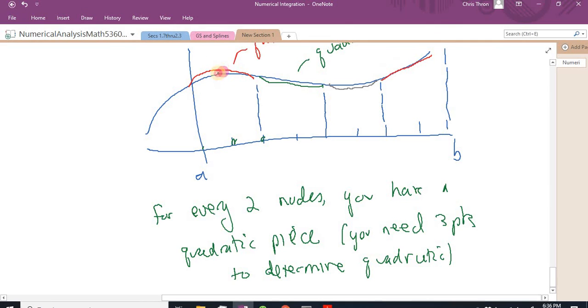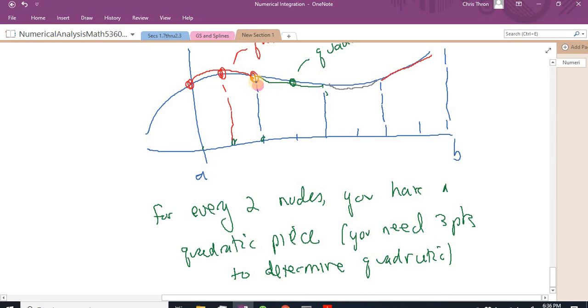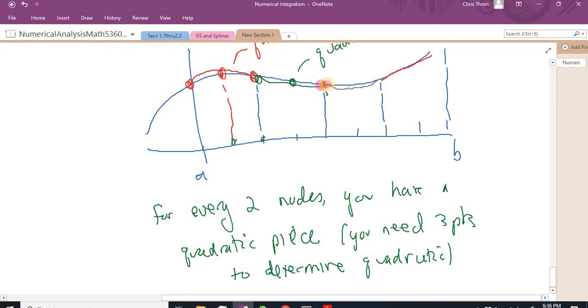The quadratic is interpolated between these 3 points, the midpoint and these two endpoints. This one here is a quadratic function that interpolates these 3 points, this one and these 2. And then here it would be the same thing.